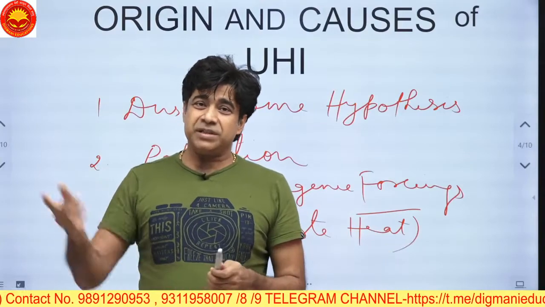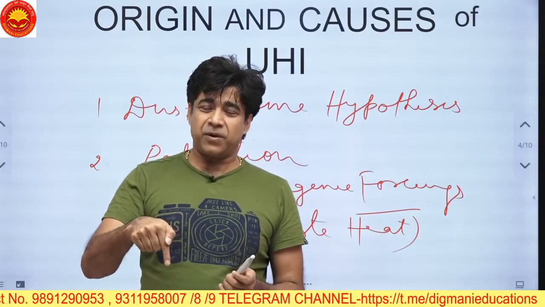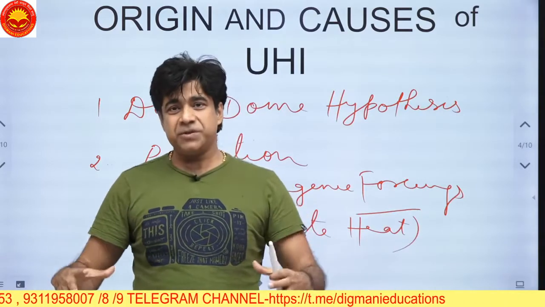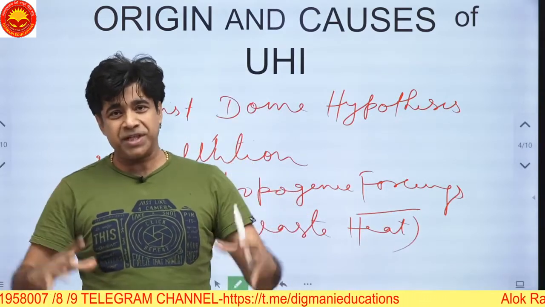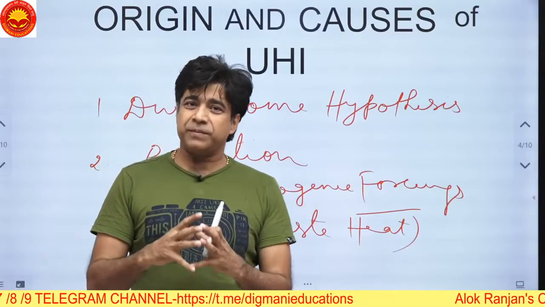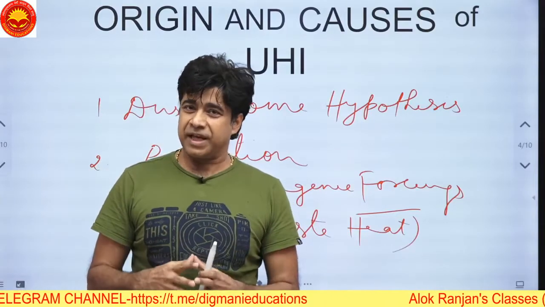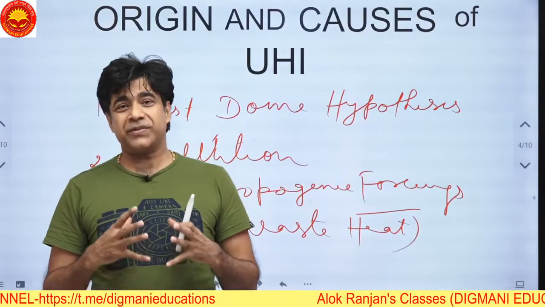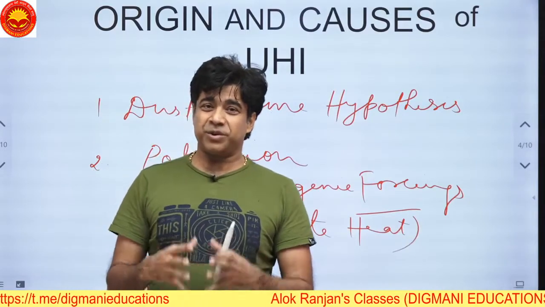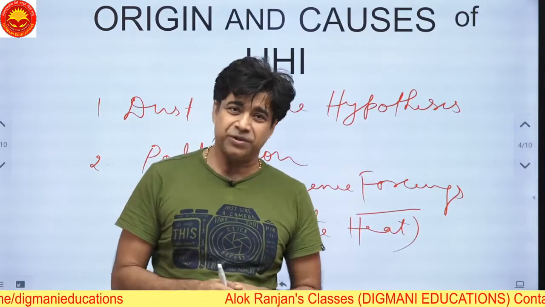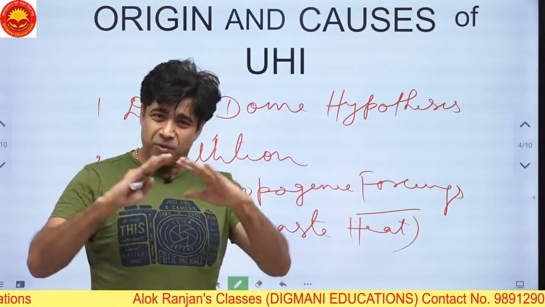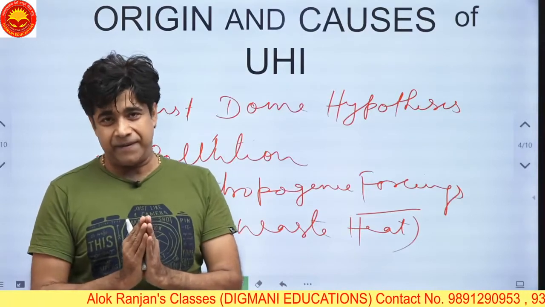So not only the incoming solar radiation in the form of microwave and radio waves, but also the heat generated by the anthropogenic factors, both contribute to the formation of the urban heat island. So please remember, don't write simply about the sun and the radiation and the concrete structures. You must include this waste heat theory in your discussion. That will give more value to your answer writing.